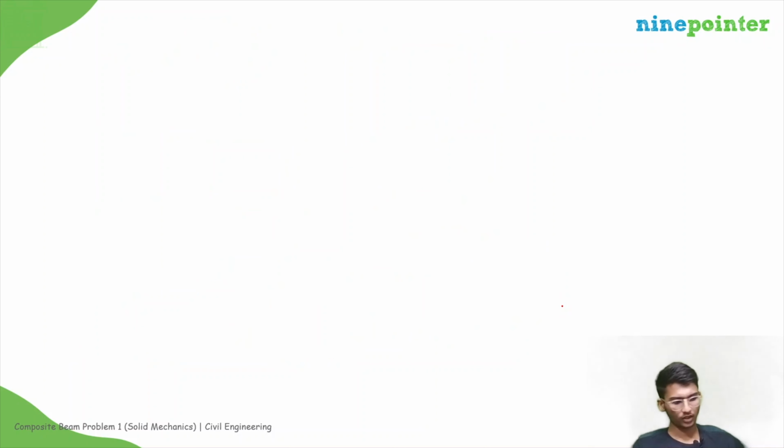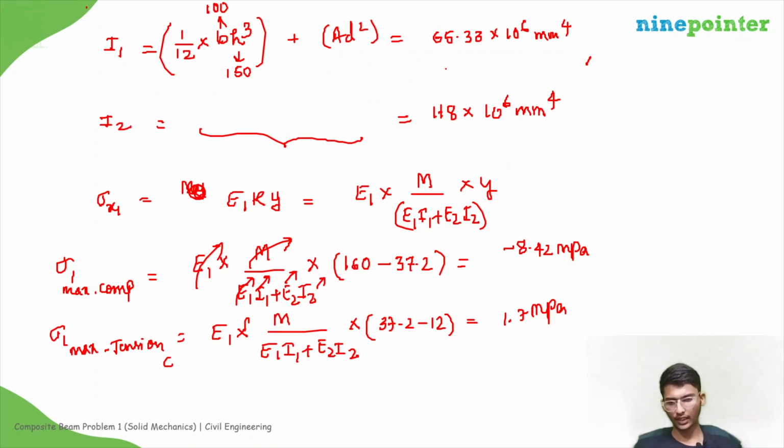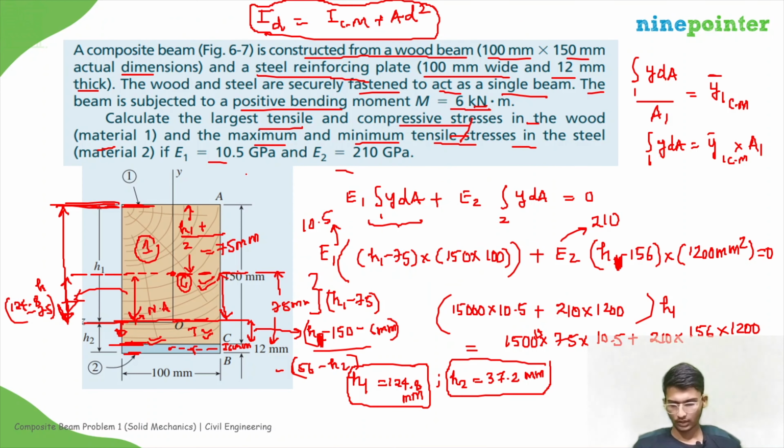Okay. Now we need to find the maximum and minimum values for material 2. So for material 2, sigma 2 max tension will be E2 into M divided by E1 I1 plus E2 I2 into Y. See, if you look at the diagram, this one is material 2.